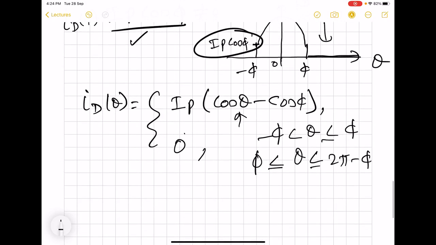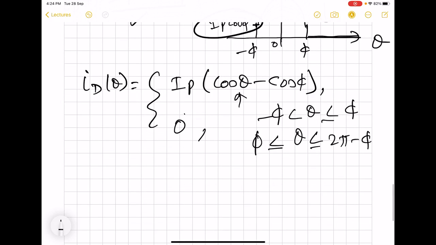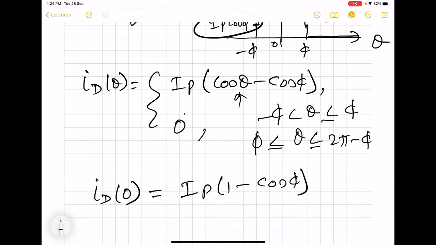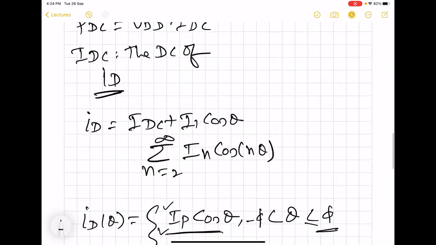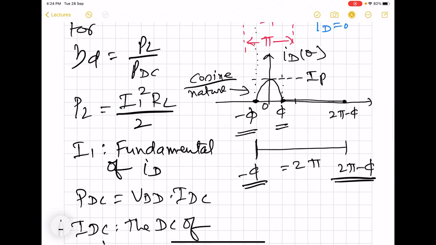But now there is another issue, and the issue is the value of the drain current at theta equal to 0. Now if you put theta equal to 0, what we are going to get is IP times 1 minus cos phi, because cos theta becomes 1, right? And look, what we have done is we have assumed that at 0, the value is equal to IP.